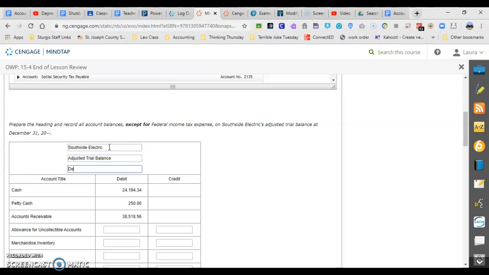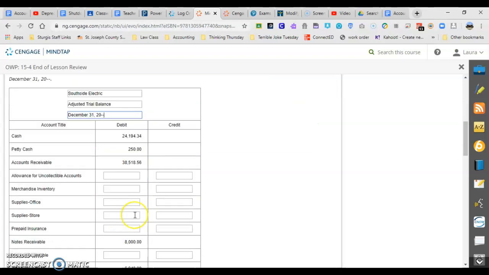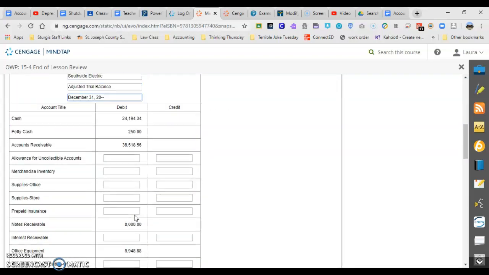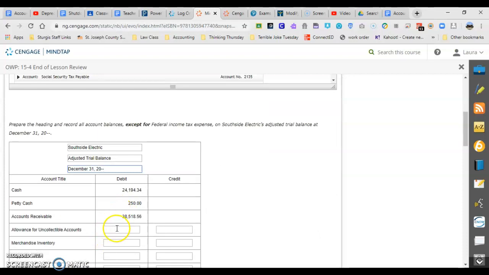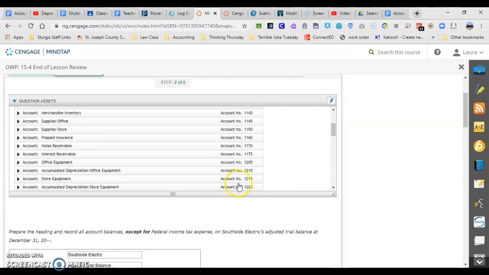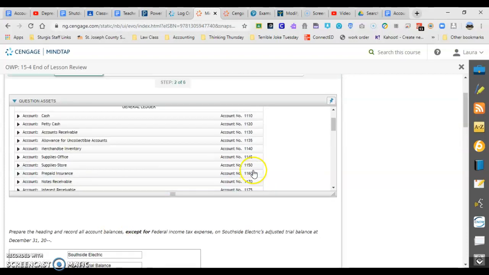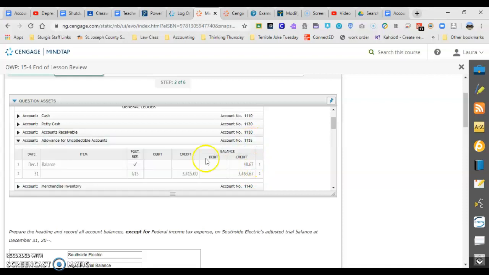Third line is just the date, because remember that some financial statements show just the date, especially ones like the balance sheet, and ones that change, like they could change daily, like tomorrow cash could change and all of that. Okay, so what you're going to do is take the balance of all of these accounts and list them with their balance. So let me show you how to get started on this.